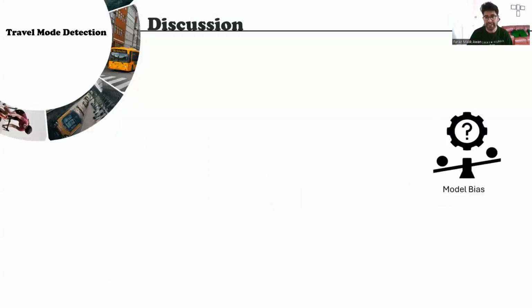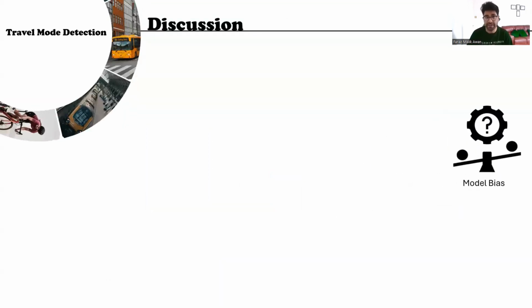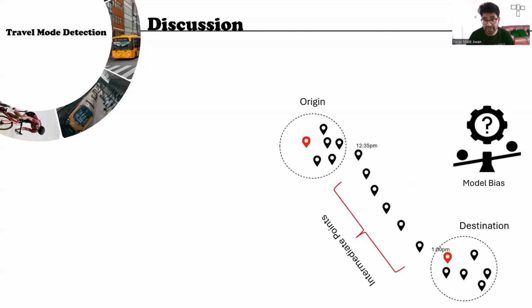In order to explain this, I'll take you back to the trip detection part again. Consider the following scenario. A trip was carried out between origin and destination, and you can see the intermediate GPS points generated during this particular trip.